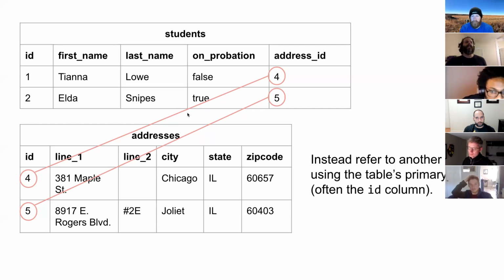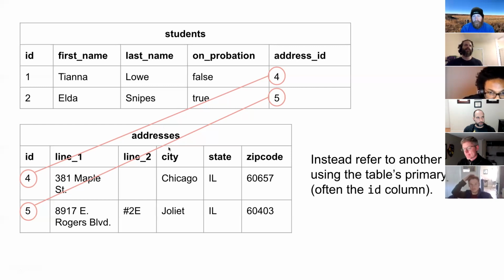Okay. So we have students, and now we have IDs. We have addresses, and they have their own IDs. And then all we have to do is associate a given address ID with a given student. So if Tiana lives at address ID 4, then we just look up where address ID 4 is in the addresses table, and we can get that.